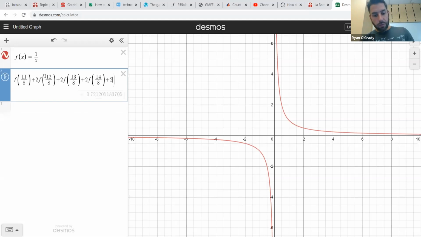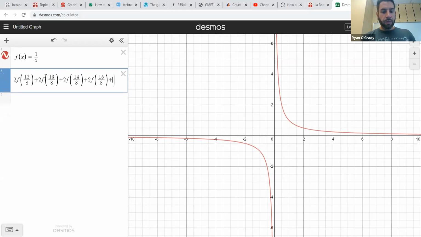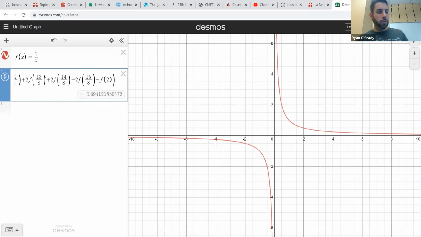Plus 2 times f evaluated at 15/8. And then the last thing is plus f evaluated at 2. And then I close, and you'll see I get 0.69. Hopefully you can see that I got 0.69412, which is what I said on the previous page.